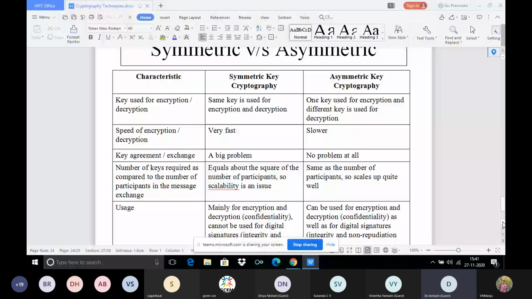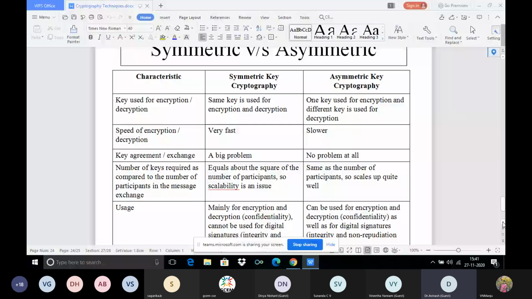In case of large networks where the number of nodes, the number of participants are high, don't suggest a symmetric key cryptography technique, because scalability is going to become a major issue. And in those scenarios, you can select the asymmetric key cryptography technique, because with the number of participants, it scales up quite well.